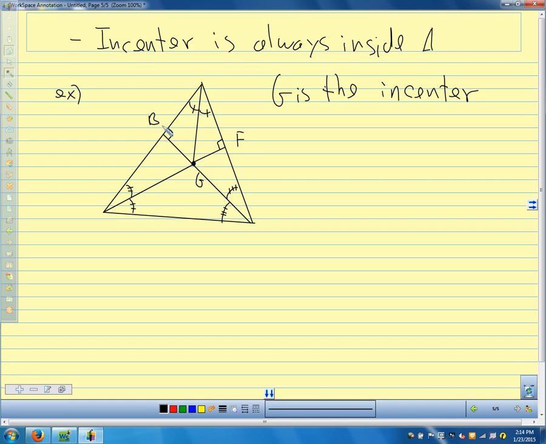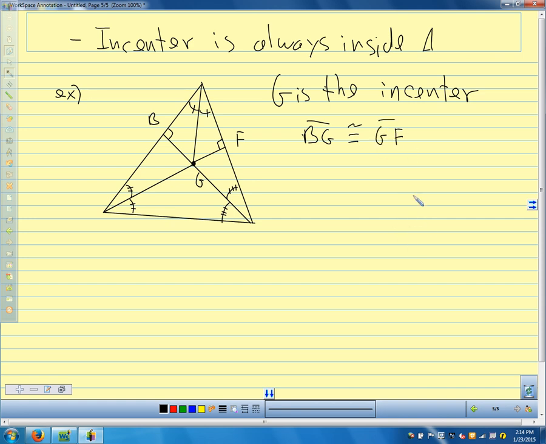They're perpendicular to the side, so that tells us the distance to this side of the triangle, the distance to that side of the triangle. So they're congruent. So BG, and I'm just writing out how we would think about this problem, not necessarily how we'd have to solve it.